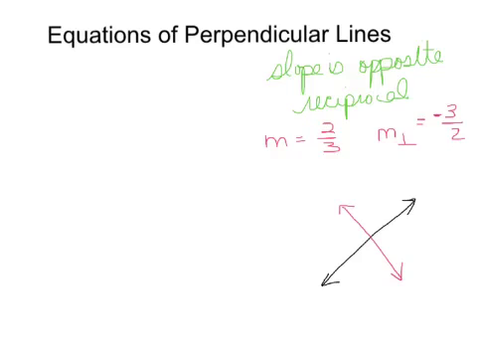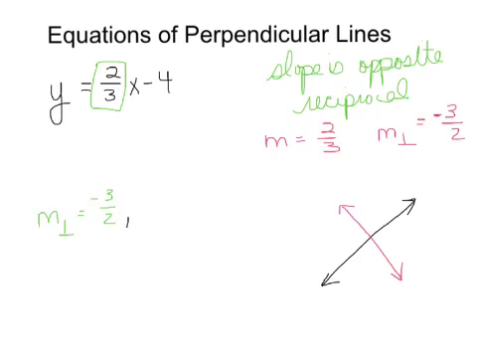So how this manifests itself is if I have an equation of y equals 2/3 x minus 4 like I did before. I'm going to still pull the slope from here, but in this case the perpendicular slope would be the opposite reciprocal. And let's say I take the same point, that it passes through the point (6, 1).